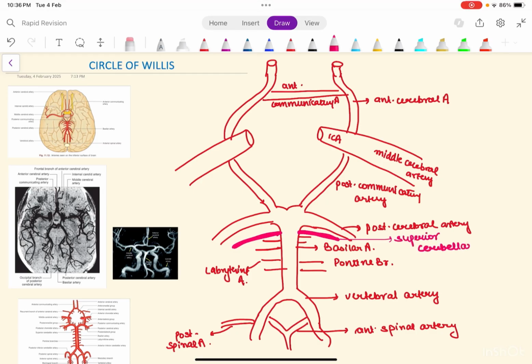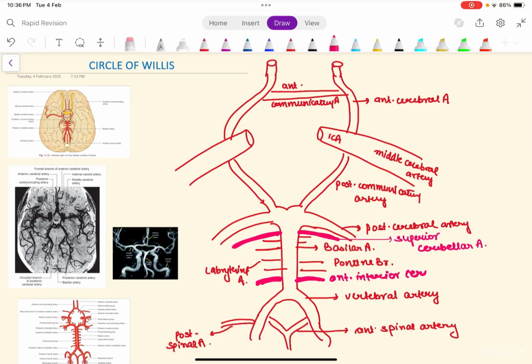Then we have the inferior cerebellar artery. There are two of them. First we have the anterior cerebellar artery. Inferior, sorry, my bad.